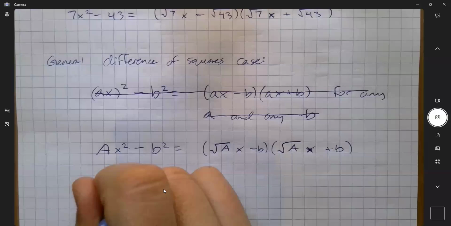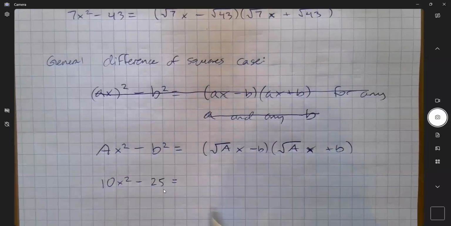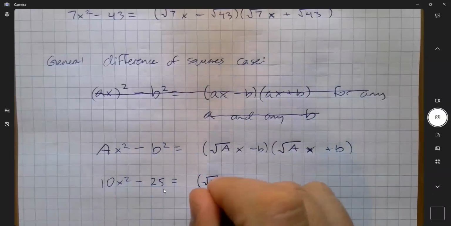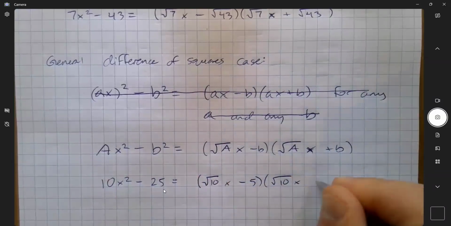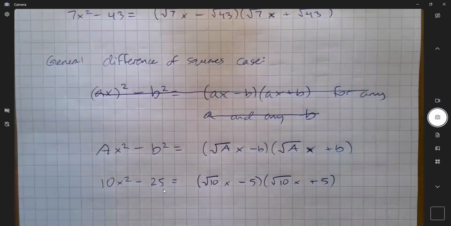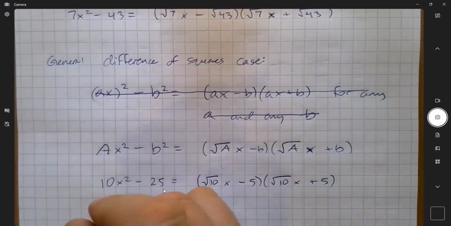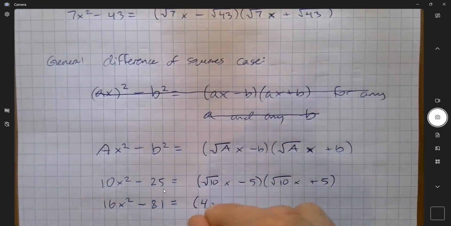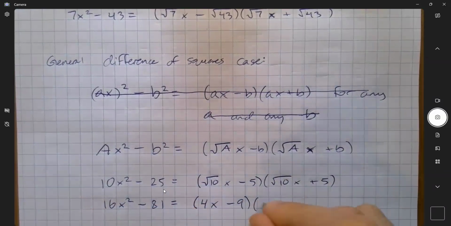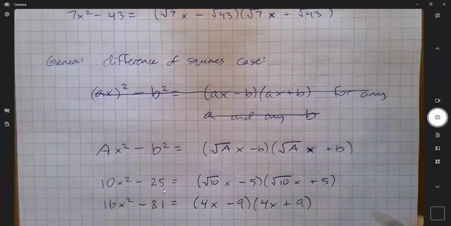So 10x squared minus 25 must be the square root of 10 times x minus 5, times the square root of 10 times x plus 5. If I'm so lucky as to have something like 16x squared minus 81, that's the square root of 16, which is 4, x minus 9 times 4x plus 9.